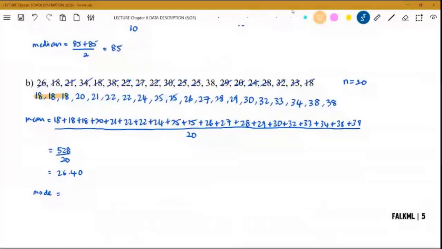And then median. Because your data is large, we will use it like this. So 20 divided by 2, we have the 10th observation. Because we get an integer, not a decimal, we take the 10th observation plus the 11th observation divided by 2. The 10th observation, which is 2, 4, 6, 8, 10, is here. The 10th observation and the 11th observation.